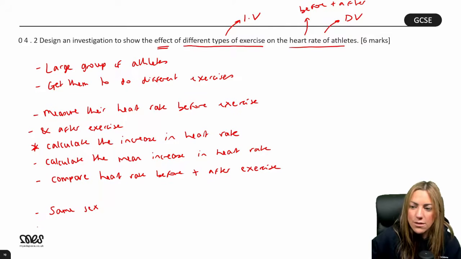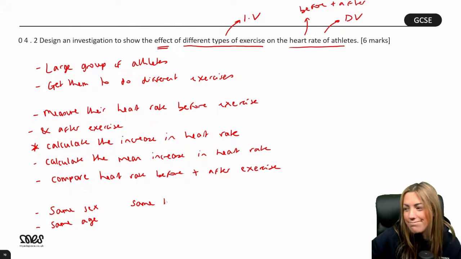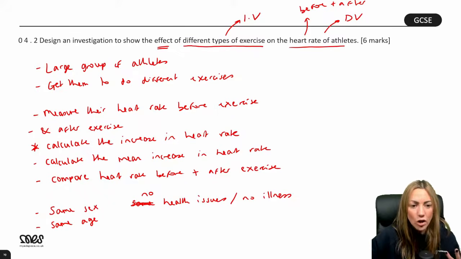So all your athletes, you could say they should be the same sex, they should be the same age, they should have the same kind of health issues, or not the same, maybe say no health issues or no illness, because if you've got some athletes that, I don't know, have a heart condition or have asthma, that could affect the results. So ideally you want them all to be of the same level of health, the same level of fitness, or have no health issues, no illness.